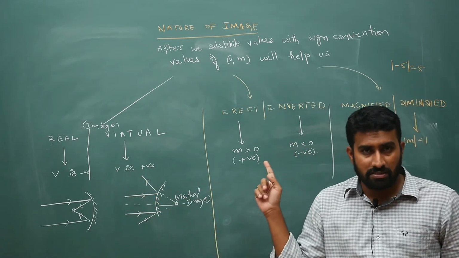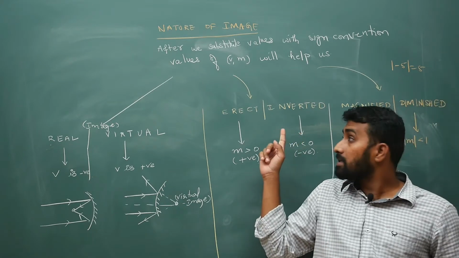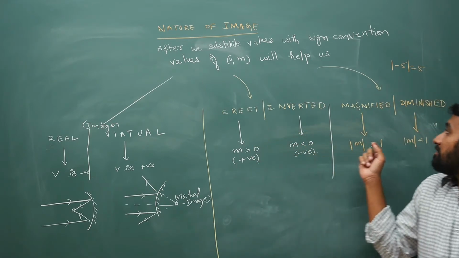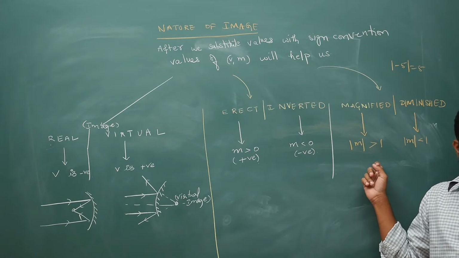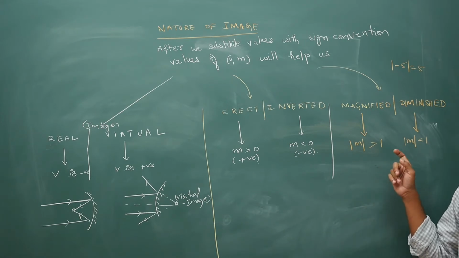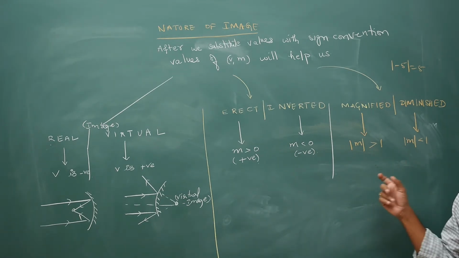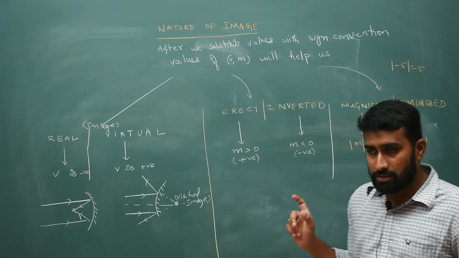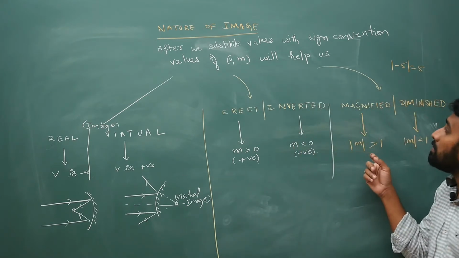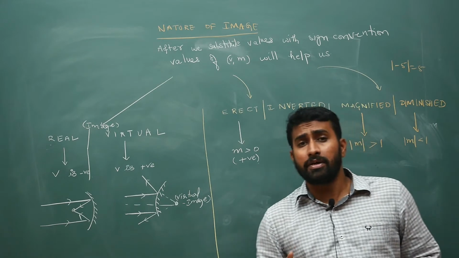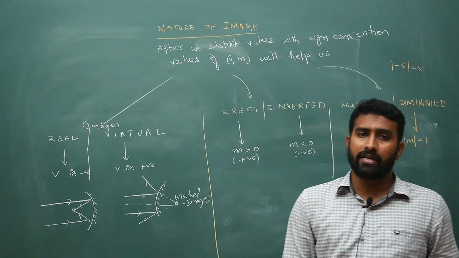Sign of magnification will decide whether the image is erect or inverted, and magnified or diminished is decided by mod m. The magnitude of this magnification factor decides this. Now, the formula that I have written is transverse magnification.